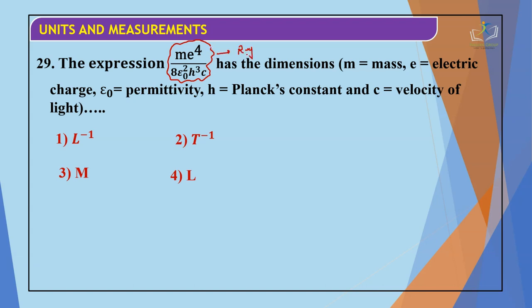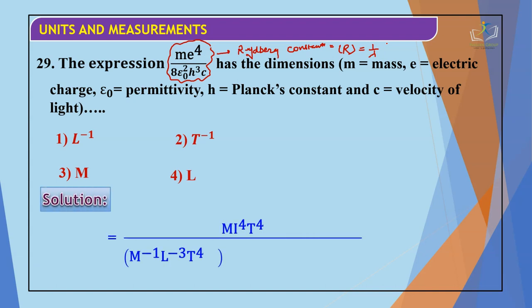The Rydberg constant is denoted as R. This is the value of that quantity, which is equal to 1 by lambda actually. So let us see with the solution.